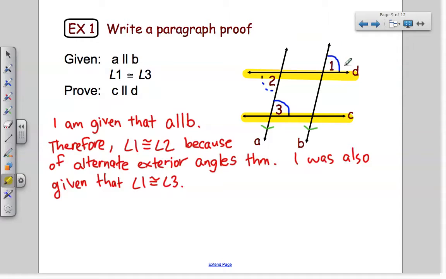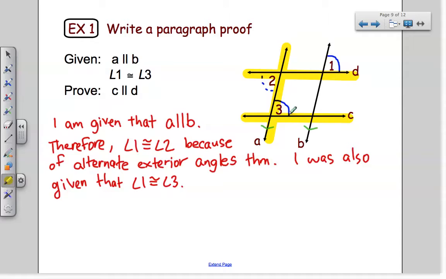Well, what transversal is going to help me? This transversal only has angle 1 off of it. But if I use this transversal, hey, if I could show that 2 and 3 are congruent, which I believe they are, right? I marked them now. I'm just going to have to state them here somehow. But if 2 and 3 are congruent, these are what types of angles? These are alternate interior angles.